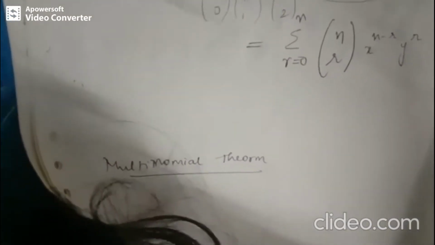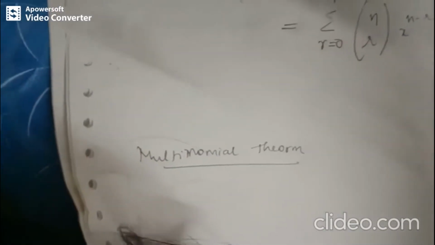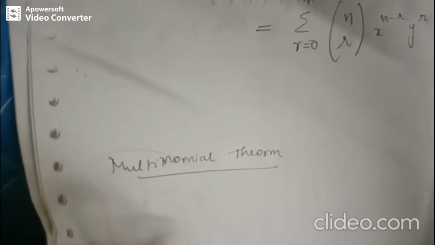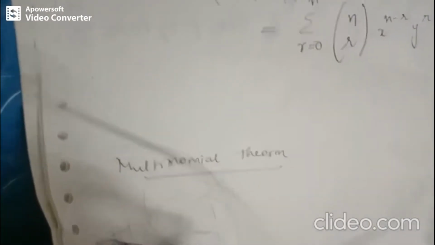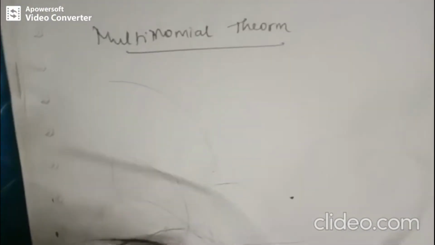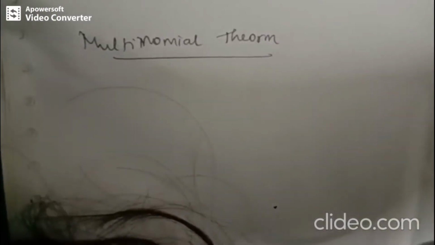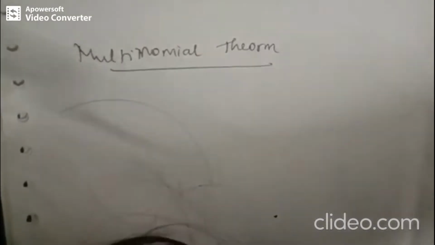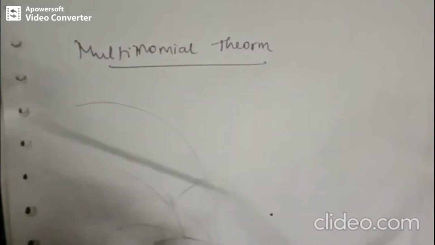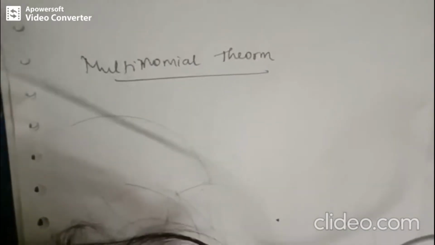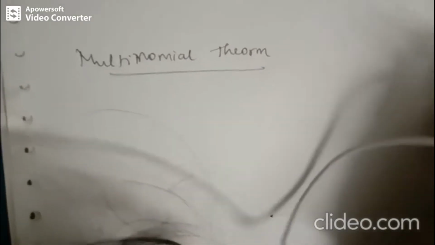Next, how do we denote the multinomial theorem? The binomial theorem applies to just two terms, but when we have more than two variables, how do we apply the formula? That is called the multinomial theorem. Multiple terms or multiple variables in the expression. We also have the multinomial coefficient.